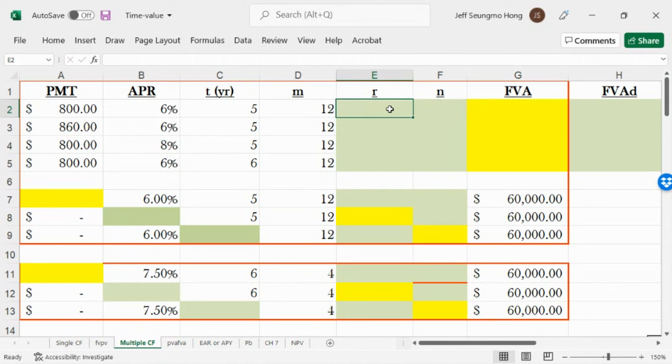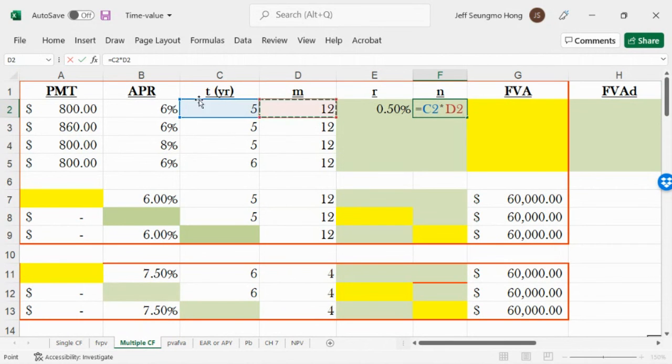So we're going to use a simpler model, right? First, find the periodic rate, which is 6% divided by 12. That will give you 0.5. And n, the actual number of compounding, it's 5 years, monthly, so 5 times 12 is 60.